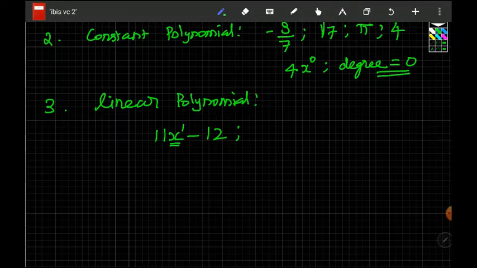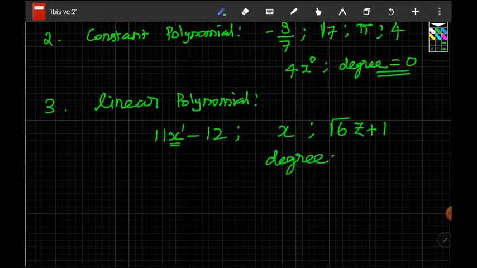When nothing is written, x means x power 1. Even x itself is a linear polynomial, or z itself, or root over 6 z plus or minus 1. The degree of the linear polynomial is 1.